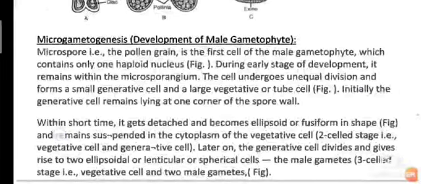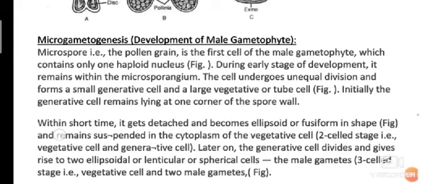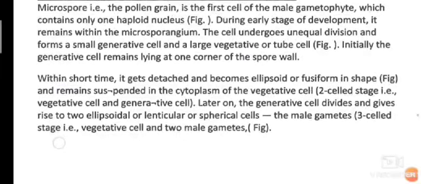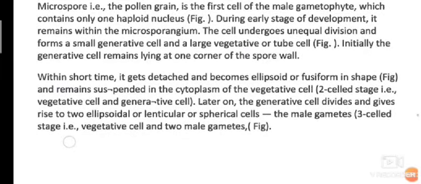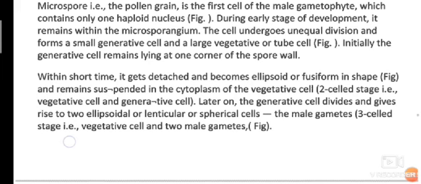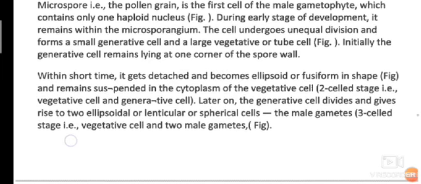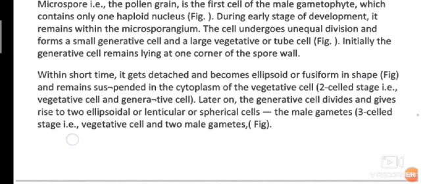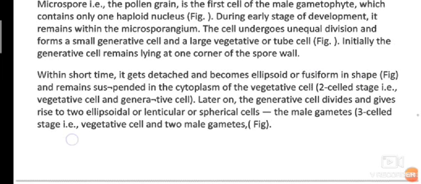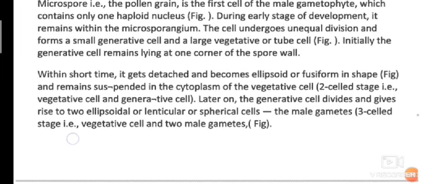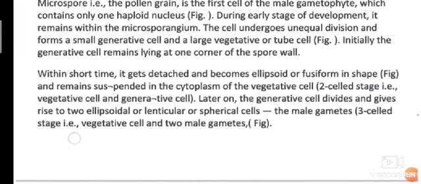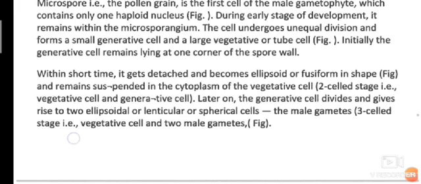Initially, the generative cell remains lying at one corner of the spore wall. Within a short time, it gets detached, becomes ellipsoid or fusiform in shape and remains suspended in the cytoplasm of the vegetative cell: the two-cell stage, that is vegetative cell and generative cell.